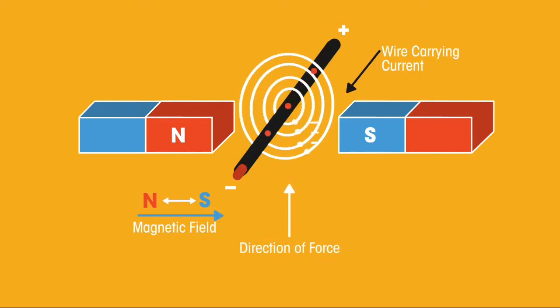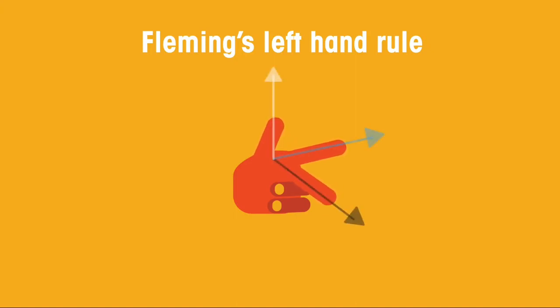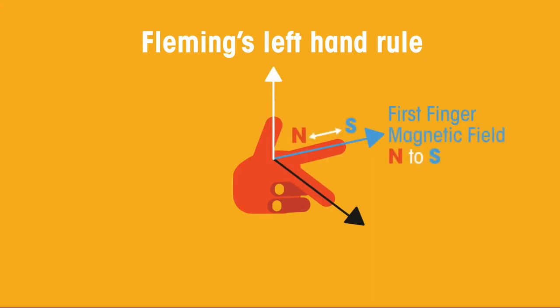So here the magnetic field is north to south and current moves up to down. Due to this, the rod moves upward. So Fleming's left hand rule: stretch your three fingers, middle finger, forefinger, thumb finger.